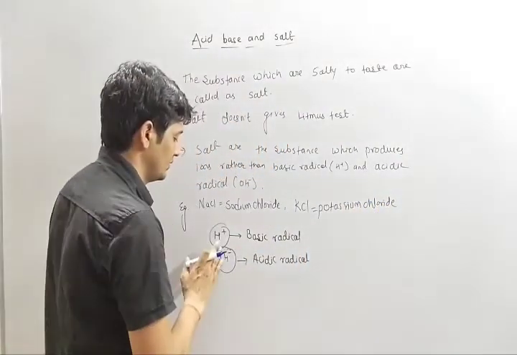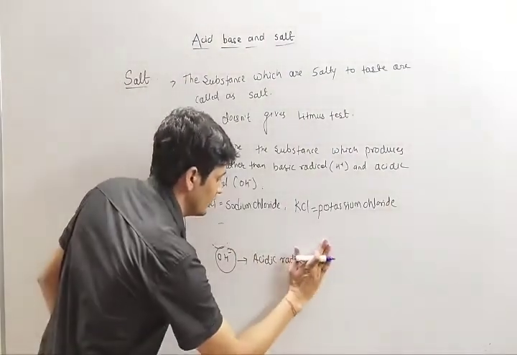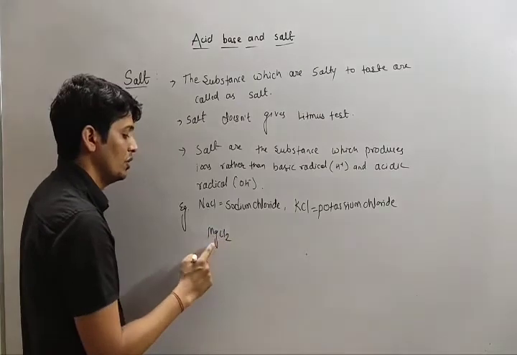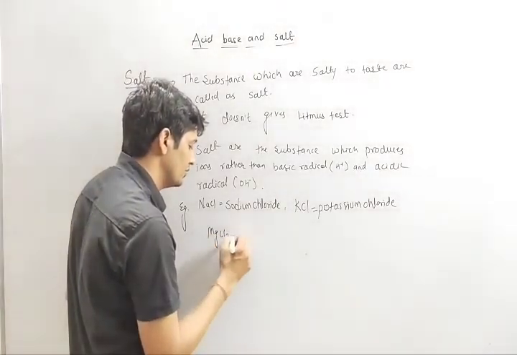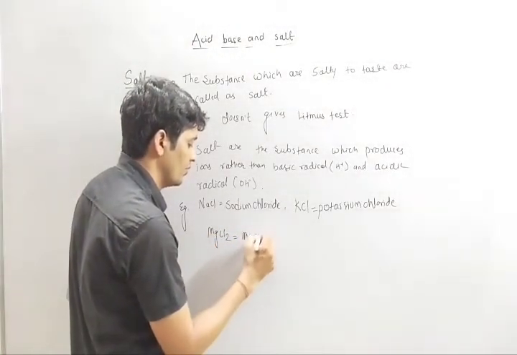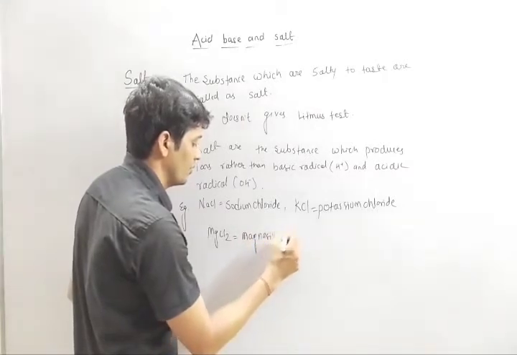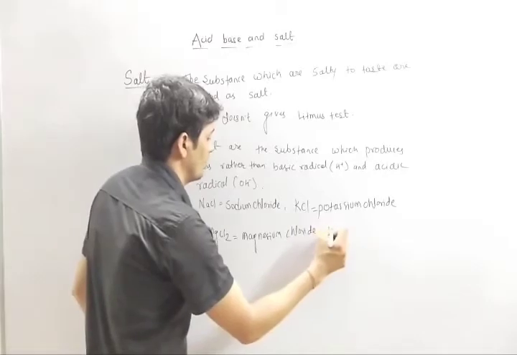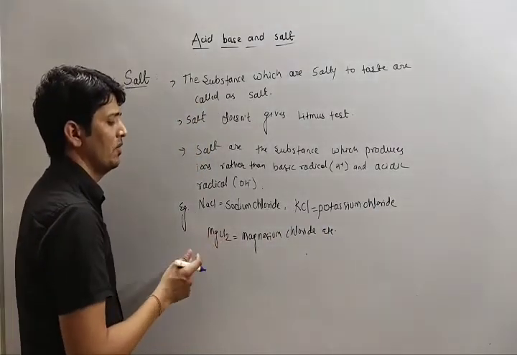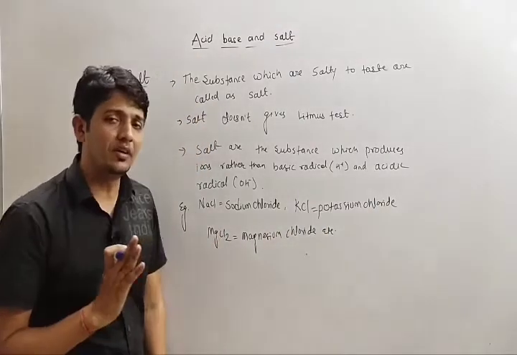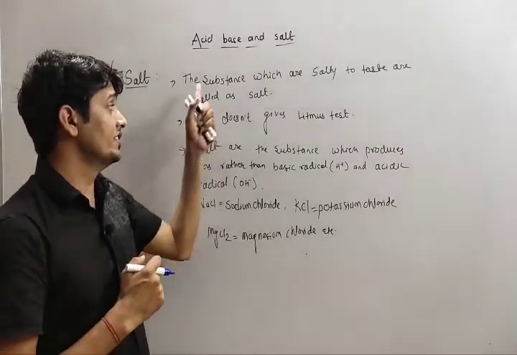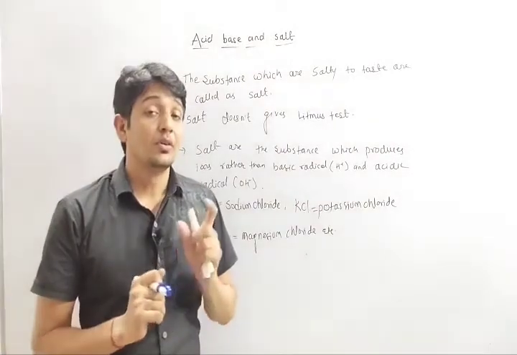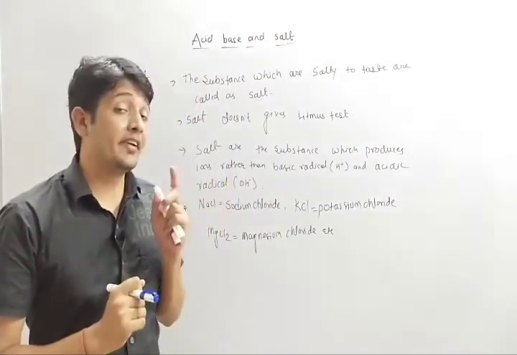Then MgCl2, magnesium chloride. Etc. We have so many such compounds in our surroundings. So this is all about salt. We have one more concept that we have to understand.